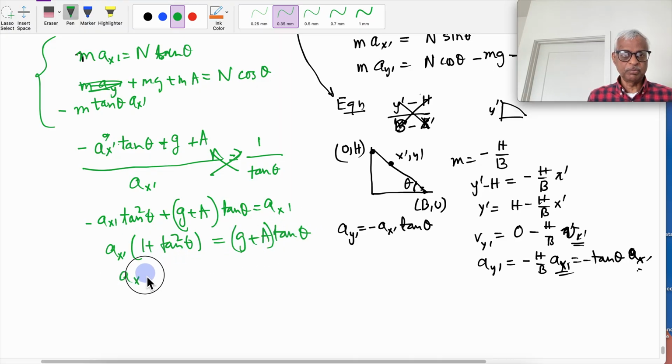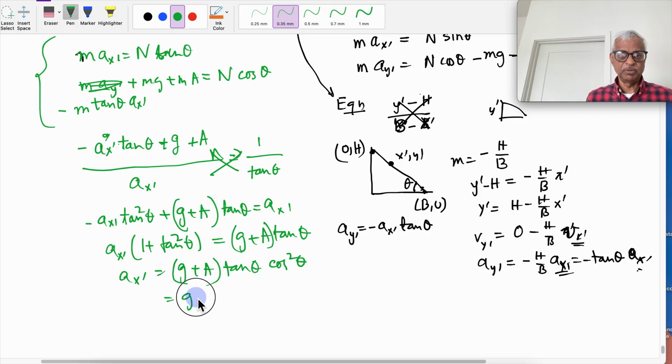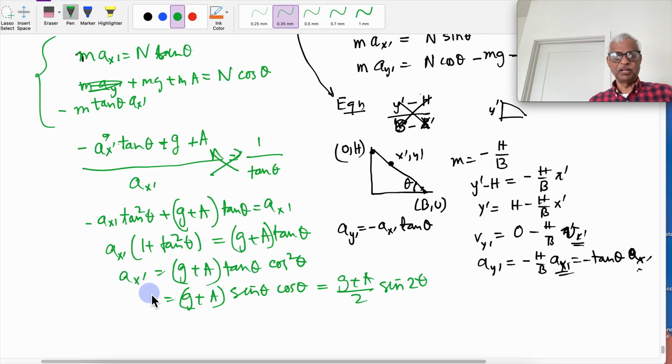And so a x prime, this is sec squared, over there's cosine squared: g plus a times tangent theta cosine squared theta. So g plus a sine theta cosine theta. This is g plus a over 2 sine 2 theta. So this is a x prime.